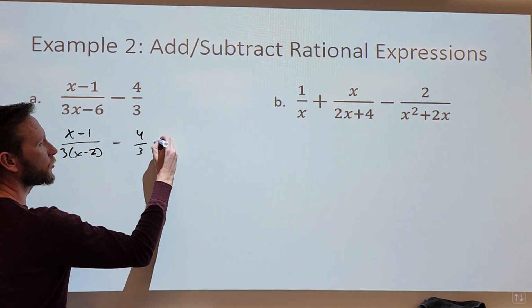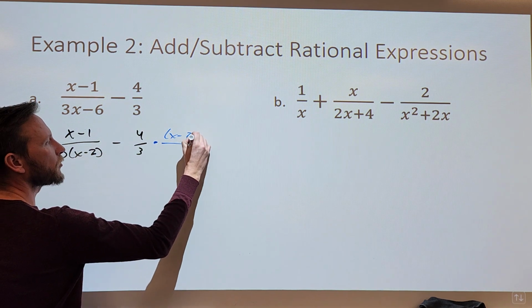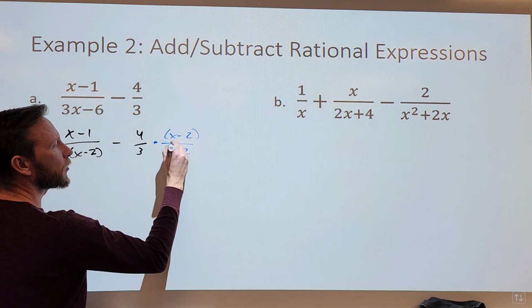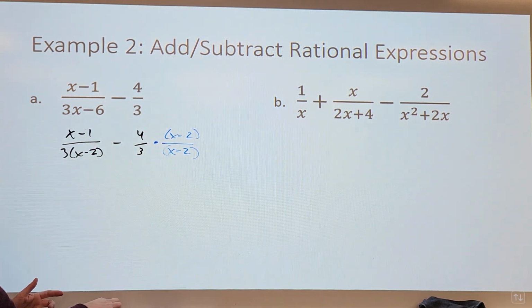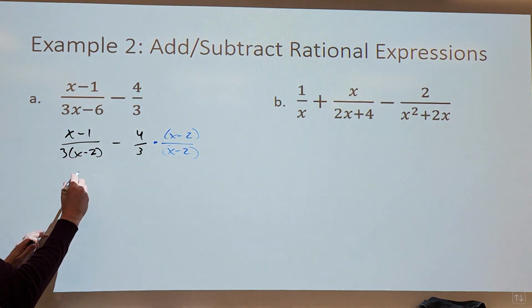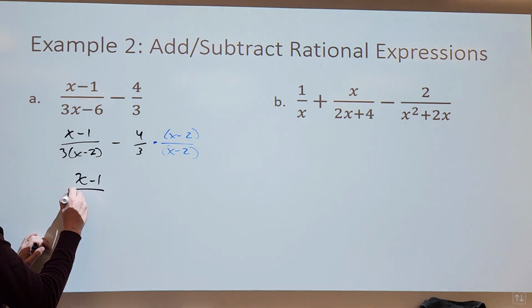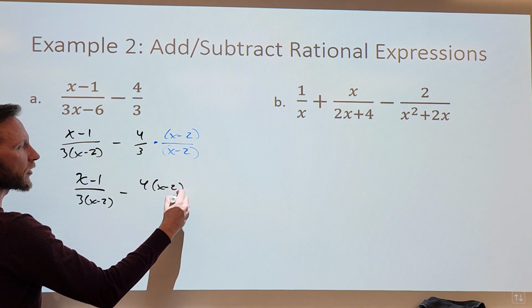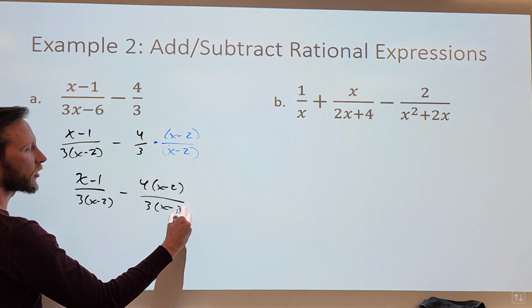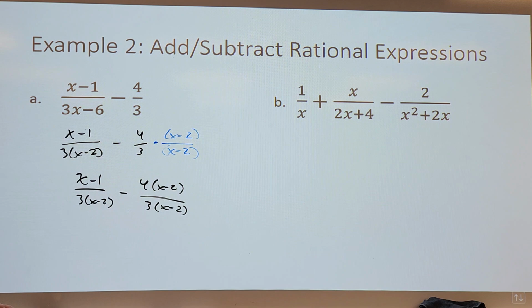I know I said I wasn't going to use the blue marker, but I'm just going to write this x minus 2 over x minus 2. We're going to multiply by x minus 2 over x minus 2. That expression is equal to 1. When I multiply that, it now gives me x minus 1 over 3 times x minus 2 minus 4 times x minus 2 over 3 times x minus 2. These are the same thing, right?